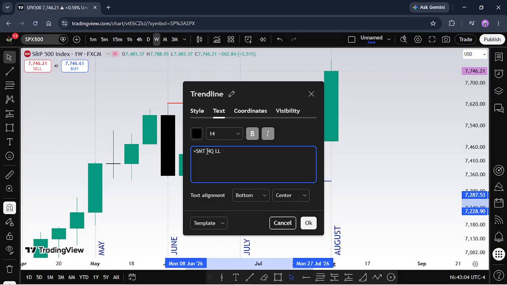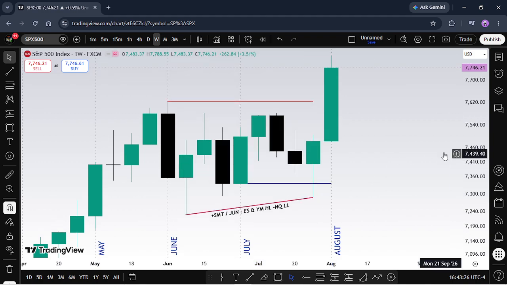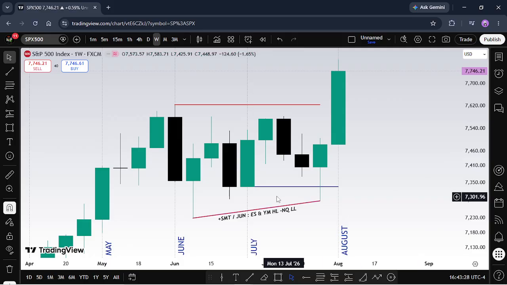So this was for June, right? June. Let's put that ES and YM higher low, NQ lower low. Here, I'll take a screenshot of that.